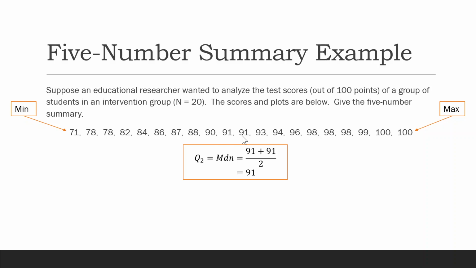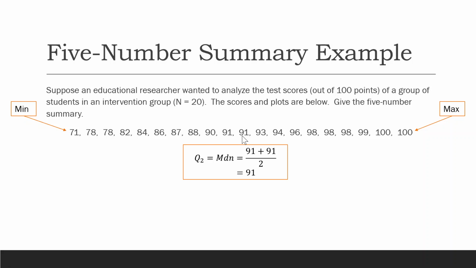Now, when I said earlier in the video, if we have an odd number, when we find the median, we take that out of our data set, and when we want to find Q1 and Q3, we remove that value and just look at the bottom and the upper halves. Well, we don't do that when we have an even number.